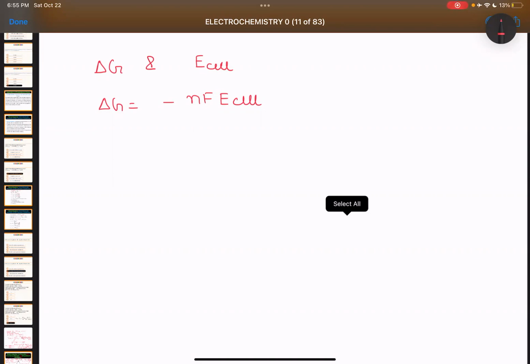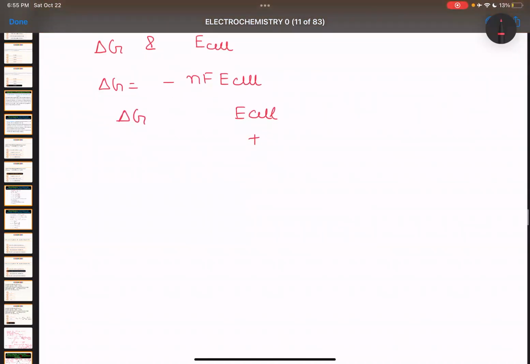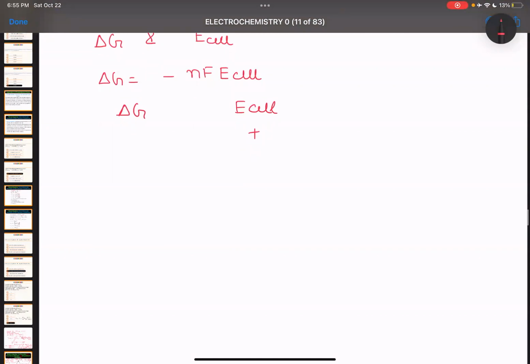Suppose the EMF of the cell is positive, what is going to be the sign for delta G? Is it positive or negative?